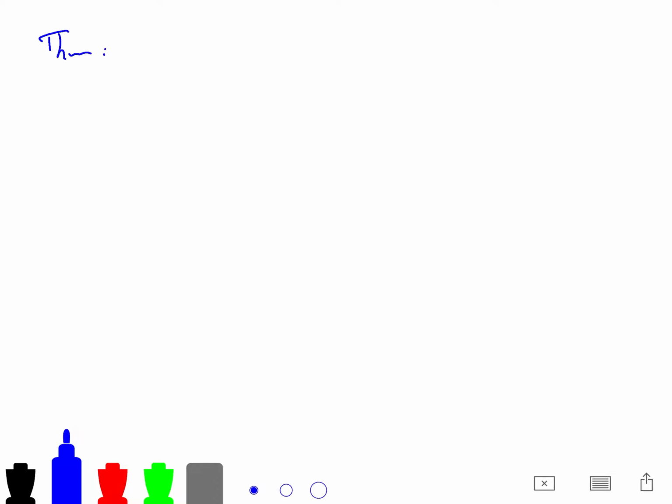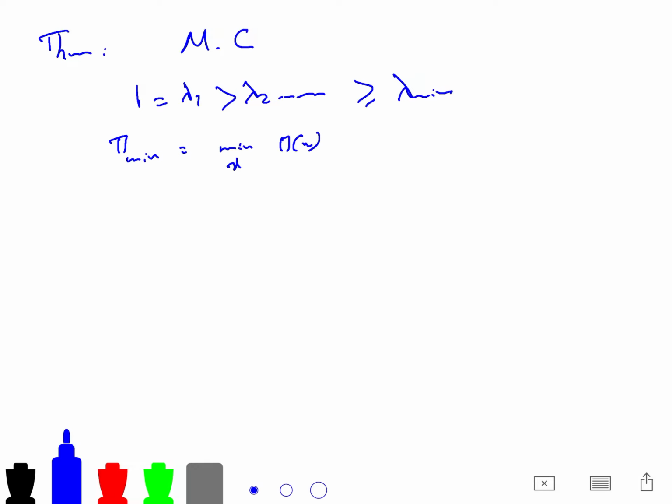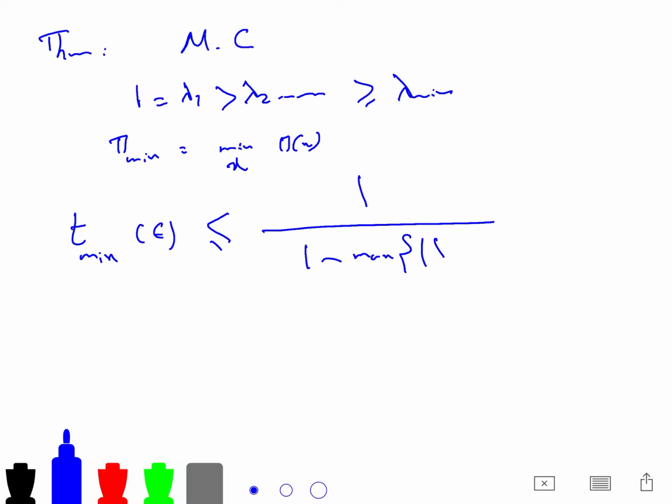So there is an important theorem that says for an ergodic Markov chain, if 1 equals lambda 1, lambda 2, and so on, is your spectrum of eigenvalues, and if pi min is the minimum of pi(x) over all x, then T mix of epsilon is upper bounded by 1 over (1 minus the maximum of lambda 2 and lambda min) times log of 1 over (epsilon pi min).